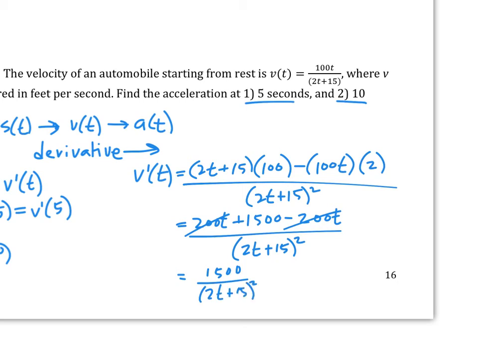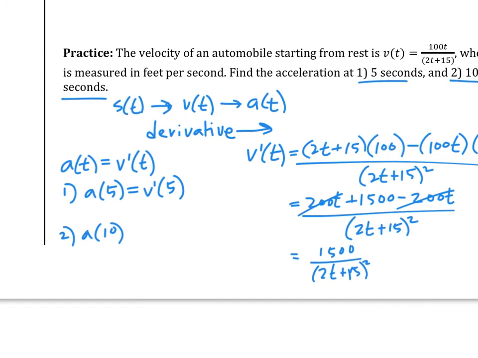Okay, so for the most part, for the denominator, please don't expand it. There's no need. We're just trying to figure out what the value is at 5 and 10, so we just need to plug it in. All right, so this is going to be 1500 over 2 times 5 plus 15 squared.